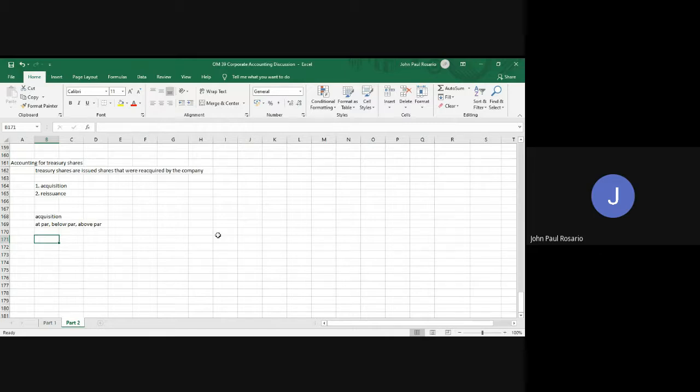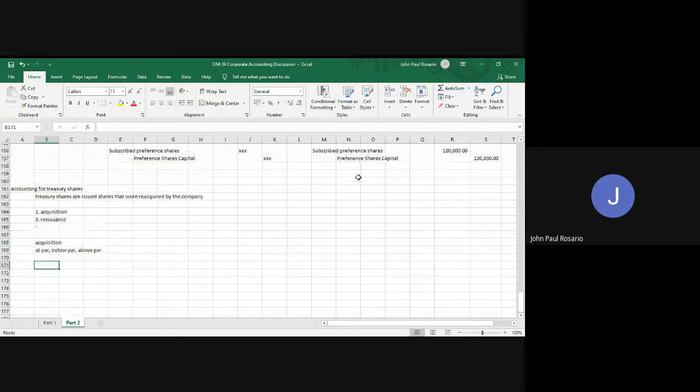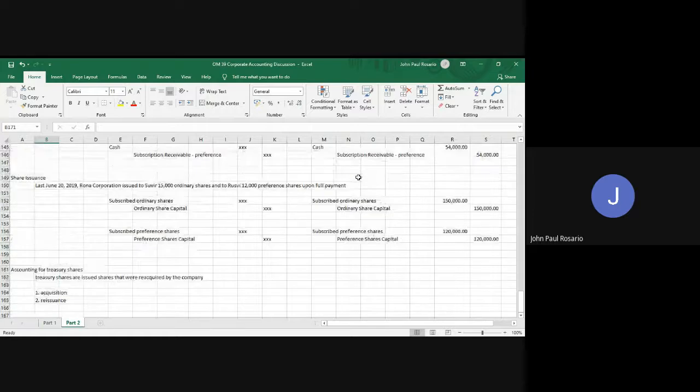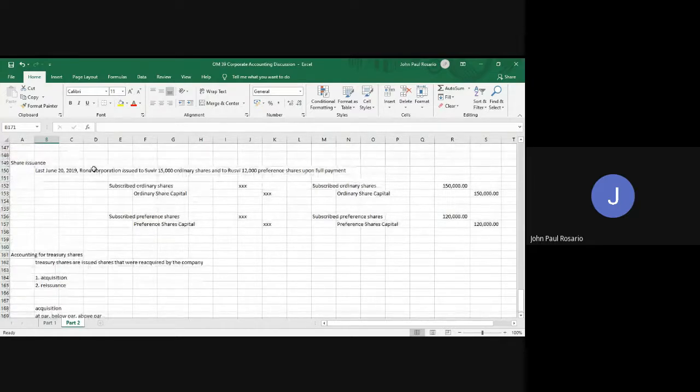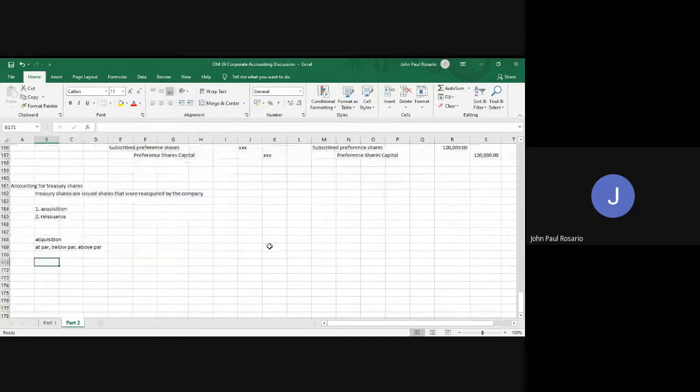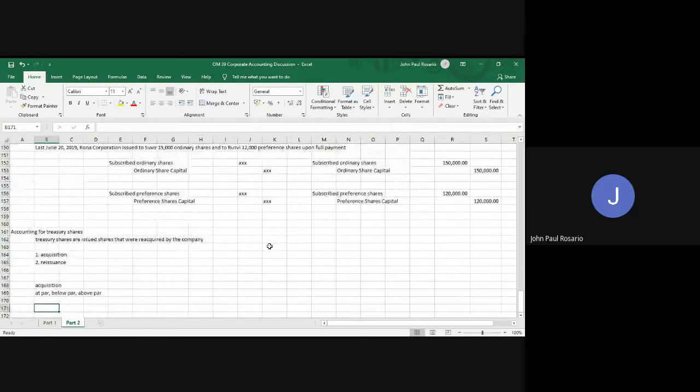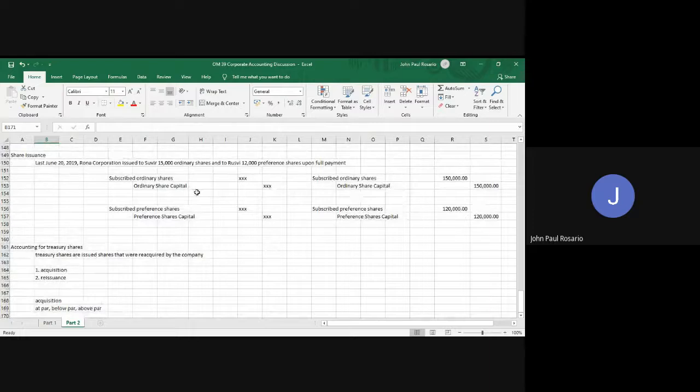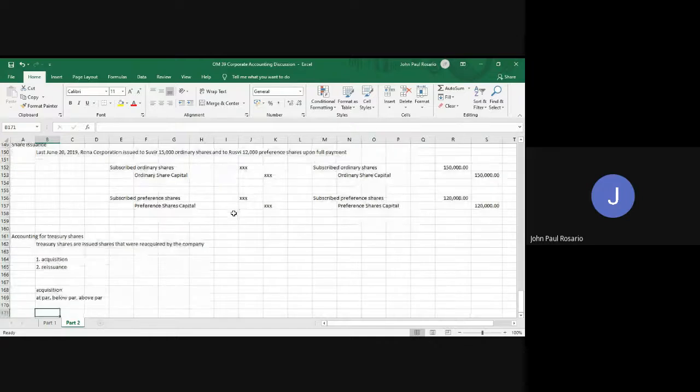Okay? So for example, gi-reacquire ni company ang iyahang gi-issue kang RONA. Ang tanan gyud iyahang gi-reacquire. Okay? So, for example, butang lang nga gi-reacquire niya ni tanan ang kang RON, ang kang Severe o kang RUSV.